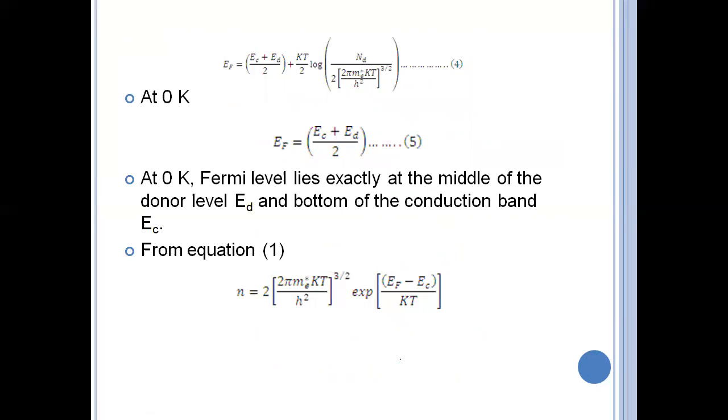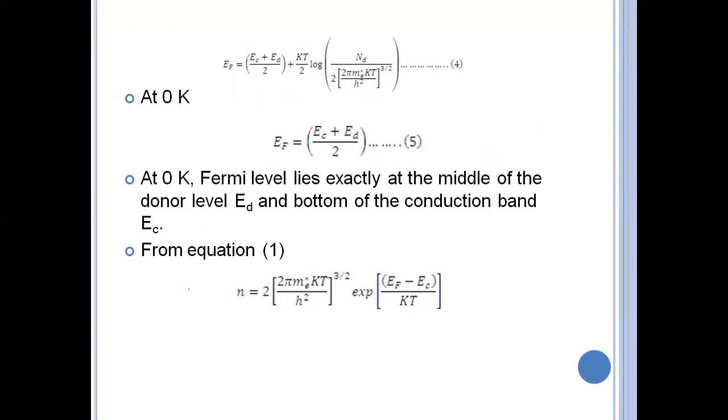In this expression, if you place T equal to 0, that is at 0 degree Kelvin, the second term will completely become 0. Therefore, EF is equal to (EC plus ED) by 2. That means at 0 degree Kelvin, the Fermi level lies in between the conduction level and the donor level.